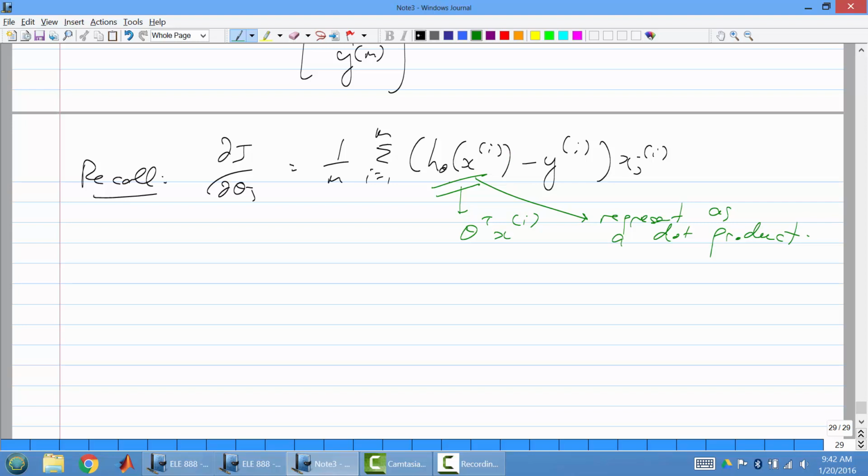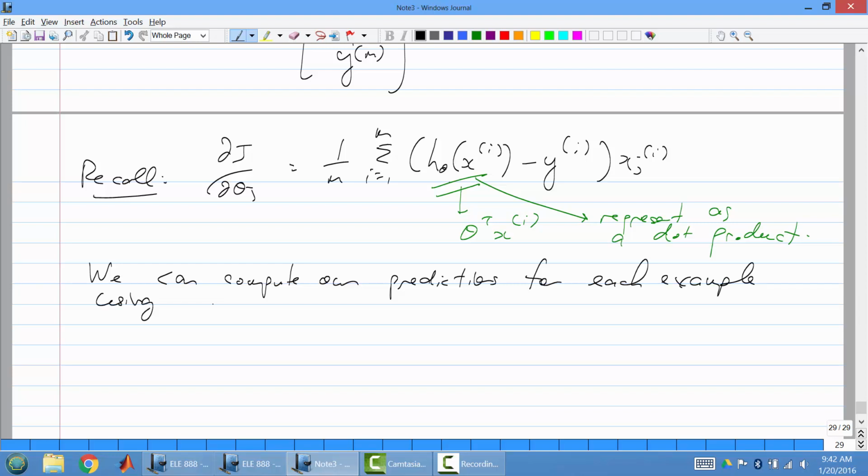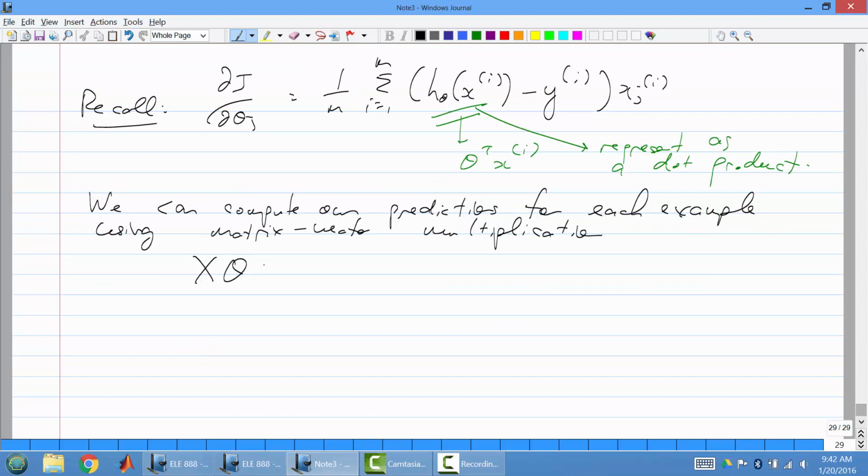So we can compute our predictions for each example using matrix vector multiplication like we did before. So x times theta.